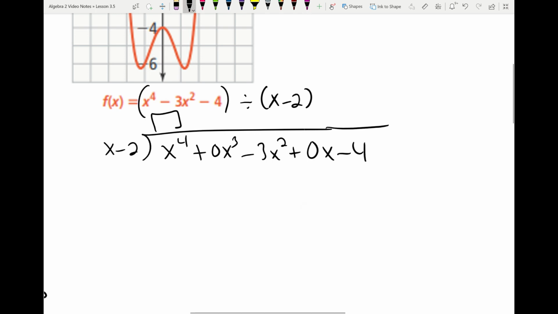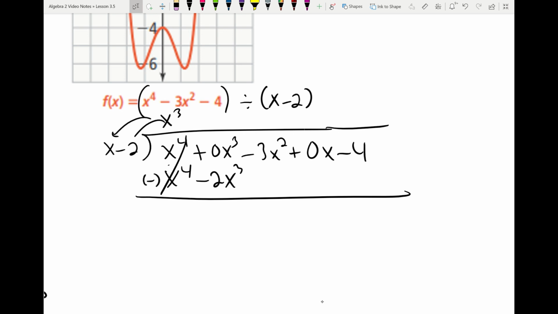All right, so what times x is x to the 4th? That would be x to the 3rd. And then x to the 3rd times negative 2 is negative 2x to the 3rd. Subtract. This is a double negative, so it becomes a plus. This becomes 2x cubed. Bring down the minus 3x squared.